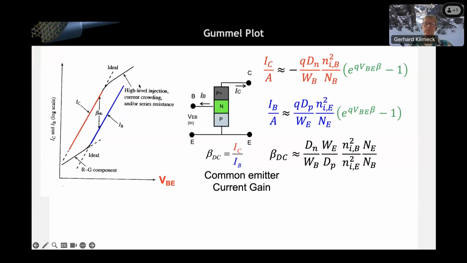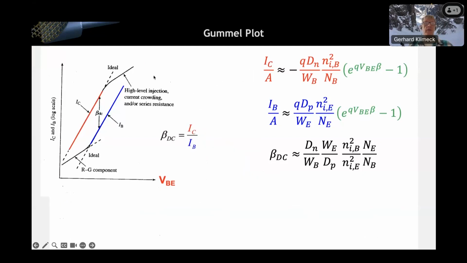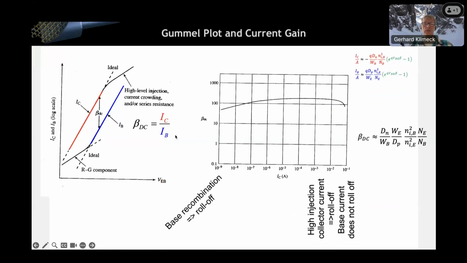So if you now plot this beta, you basically see here in the middle, you have pretty high gain where these curves are roughly parallel. And then here below, the gain falters and becomes small, and also on the top here you're curving off and you're not getting as high of a gain.